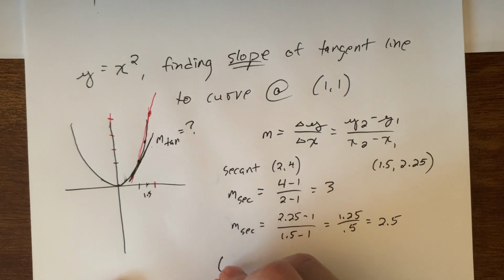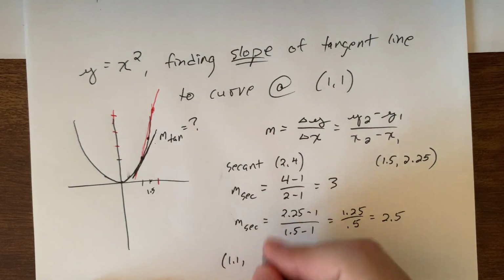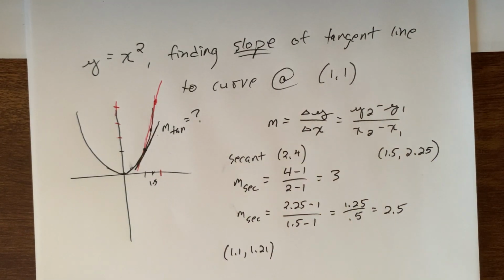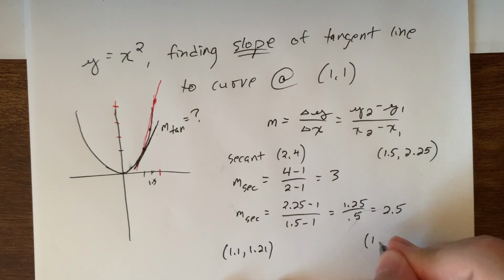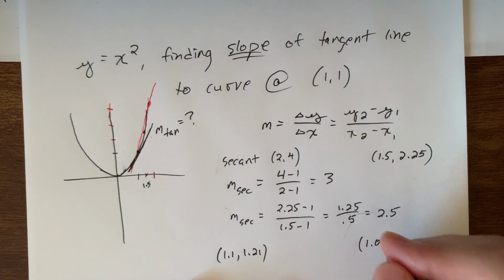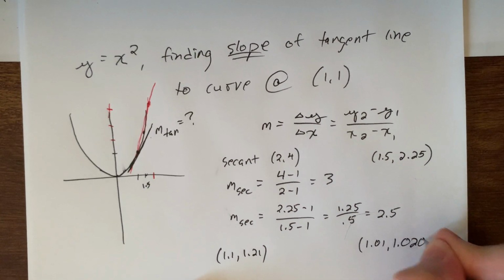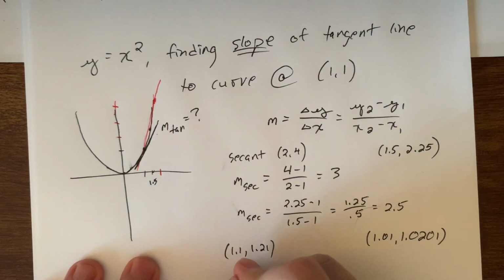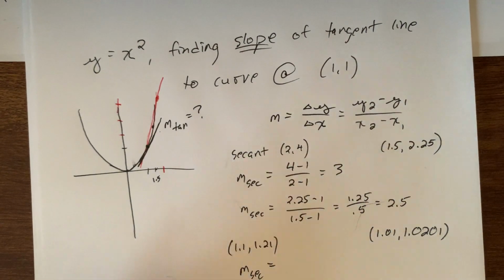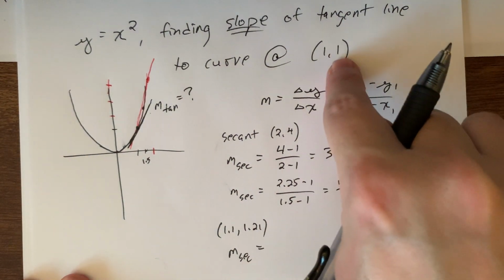We'll next do 1.1, which has a y of 1.21. And then we'll finish with 1.01, which has a y of 1.0201. So I'm still doing the same thing, everybody. Slope of the secant, but now with this y and this y.